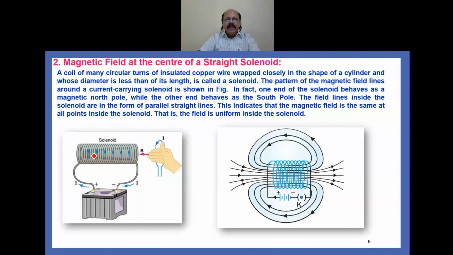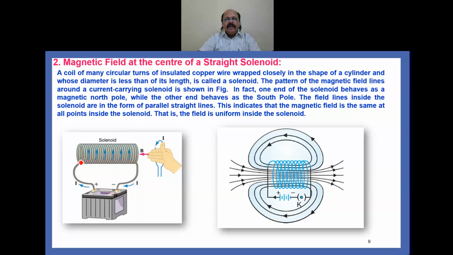You can see the diagram here. In other words, we can say that a coil of many circular turns of insulated copper wire wrapped closely in the shape of a cylinder, whose diameter is less than its length, is called a solenoid.